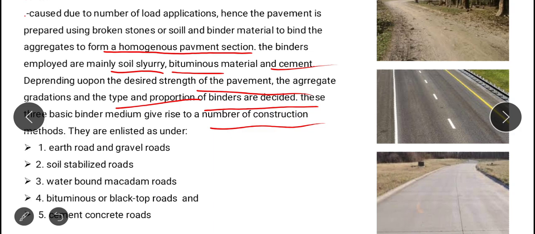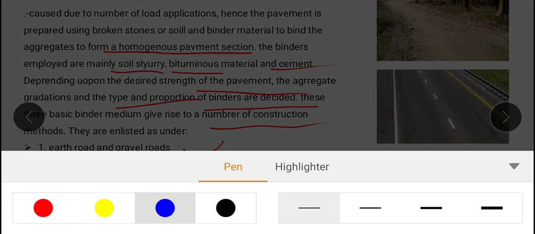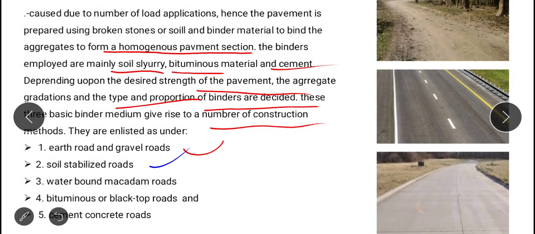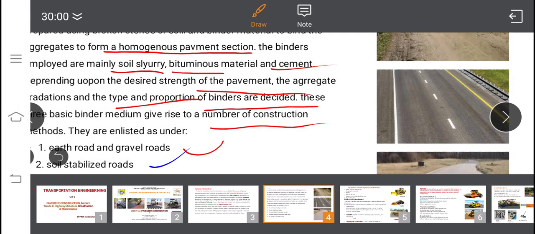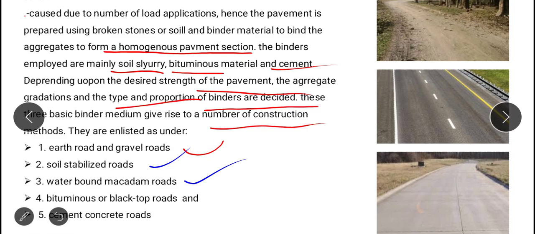They could be enlisted as below: earth road and gravel roads, soil stabilized roads, waterbound macadam roads, bituminous or blacktop roads. In that there are various types such as bituminous carpet, bituminous concrete, bituminous bound macadam, wet mix macadam, etc. We will come to them later.